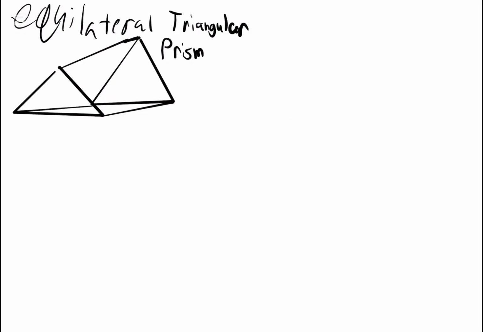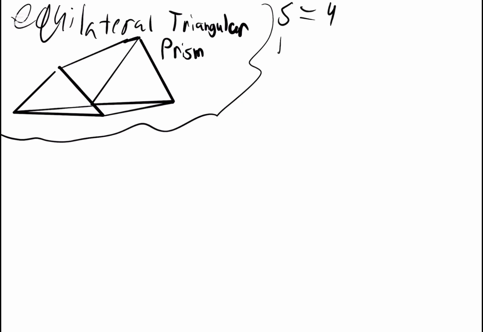Now I will be discussing how to do an equilateral triangle prism's surface area and volume. First, we'll start for surface area on this one. So, S will equal 4, and our lowercase h, height, will equal 9.